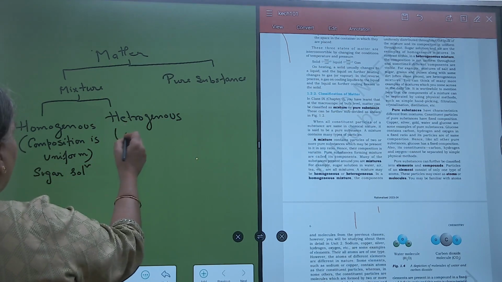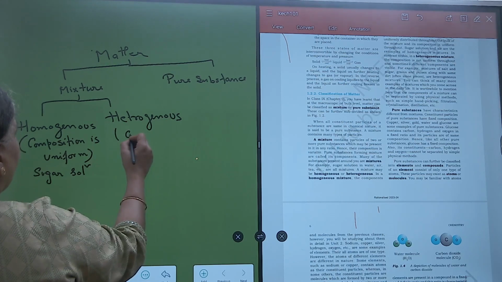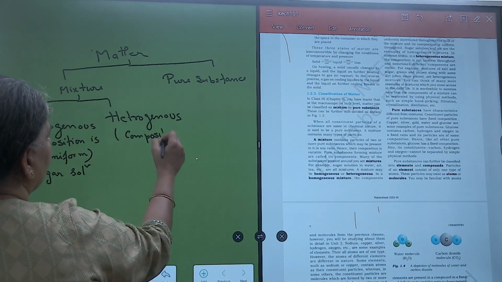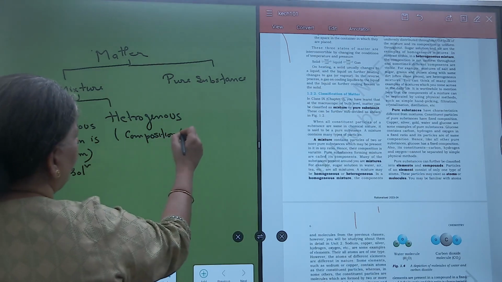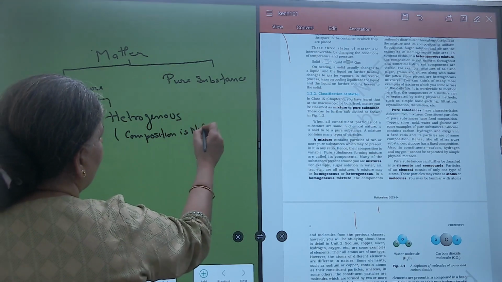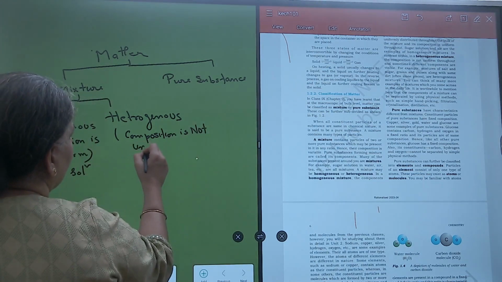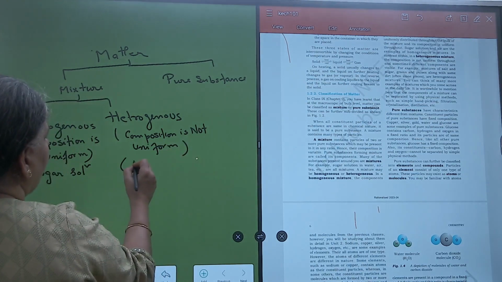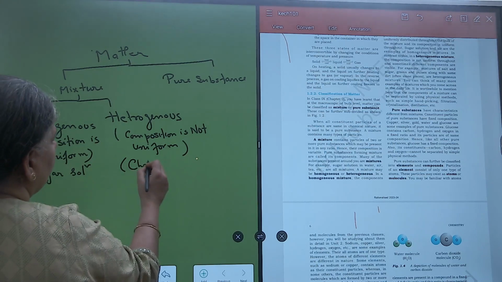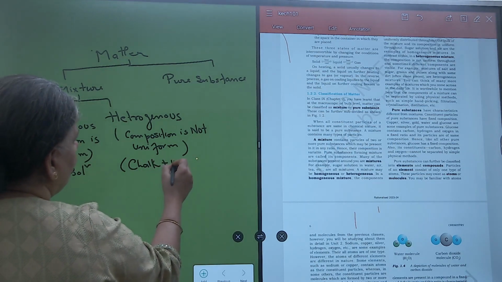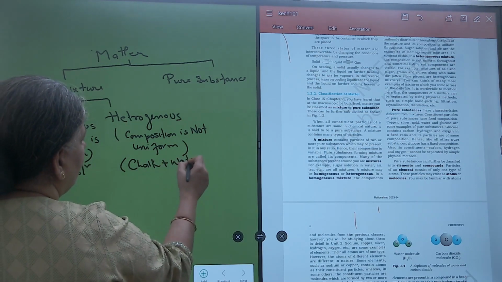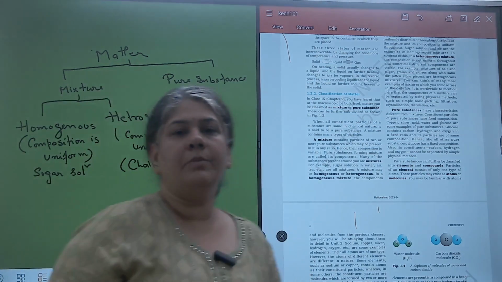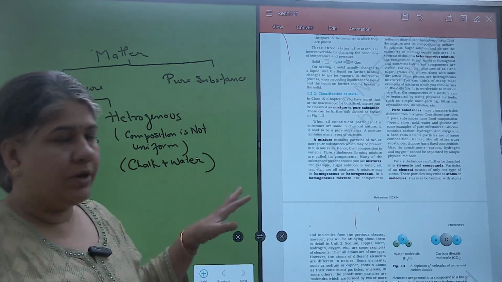And in heterogeneous, composition is not uniform. You can take the example of chalk plus water, or sand and sugar. So this must be clear that mixtures are of two types.